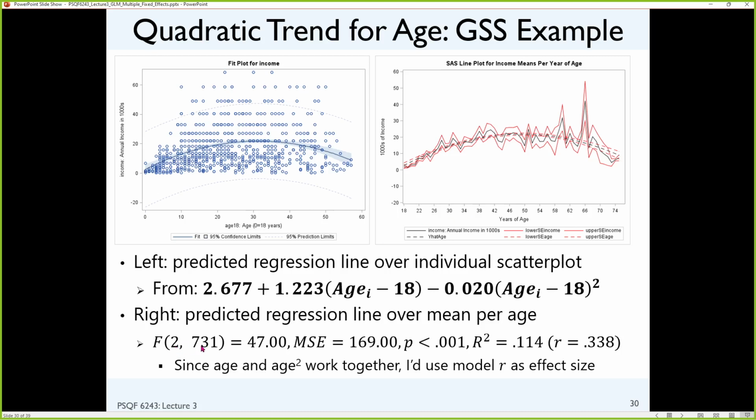So F has 2 different degrees of freedom that you have to report. The first is called numerator degrees of freedom. That's the 2. That's the number of slopes. The second is called denominator degrees of freedom, and that's the number of slopes remaining given n minus k.